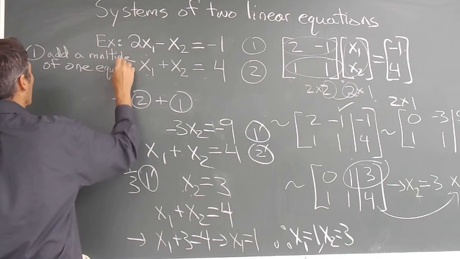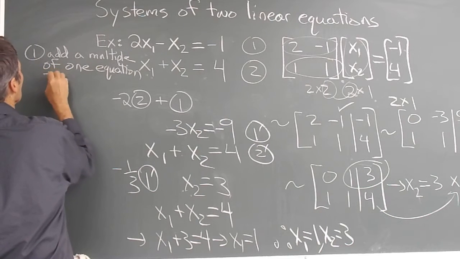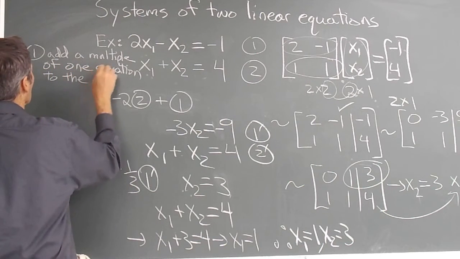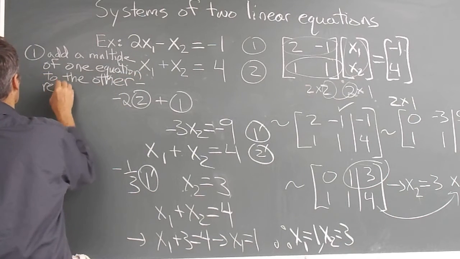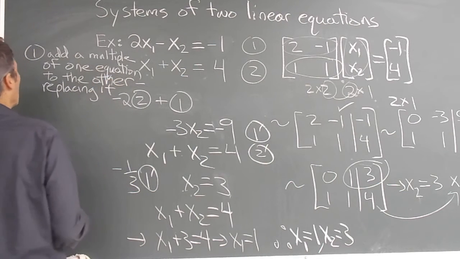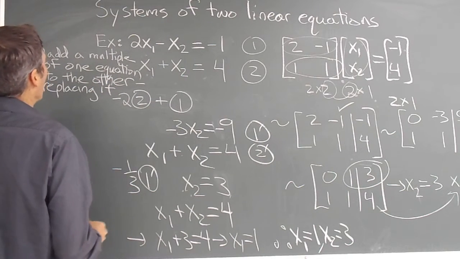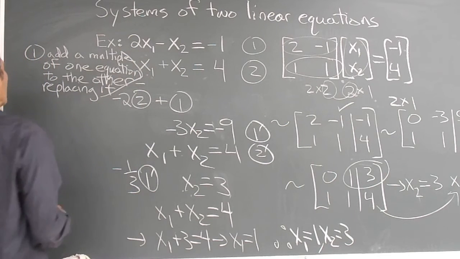So you keep two equations at all times. And then you have an equivalent system of equations at all times.